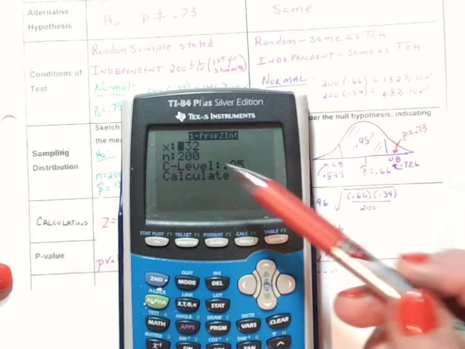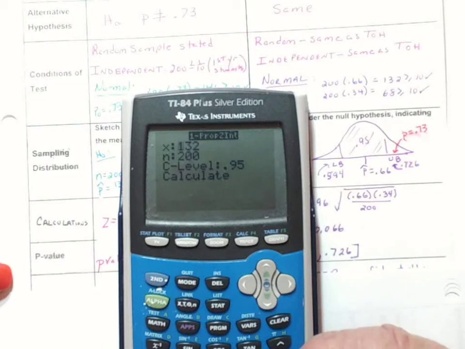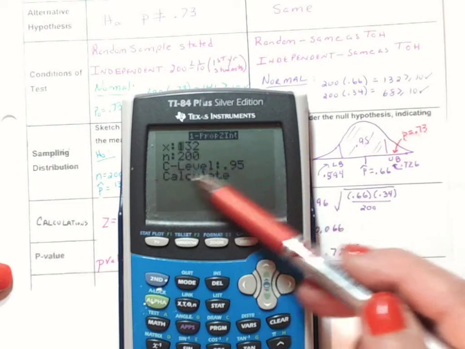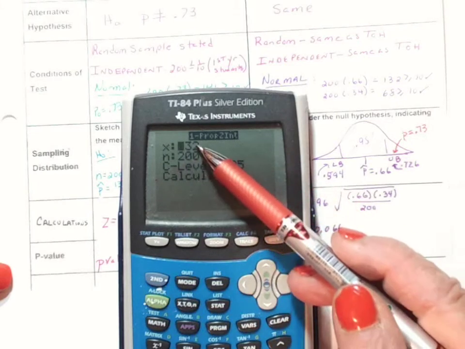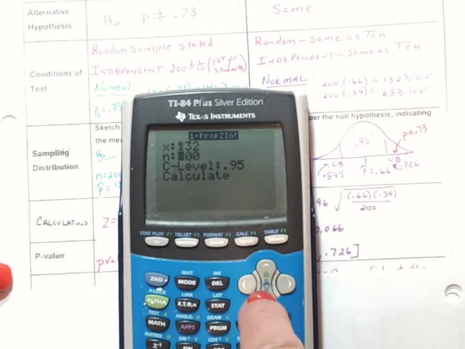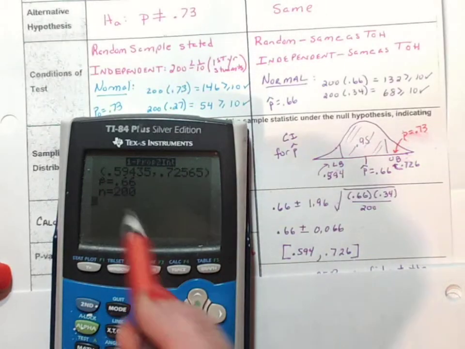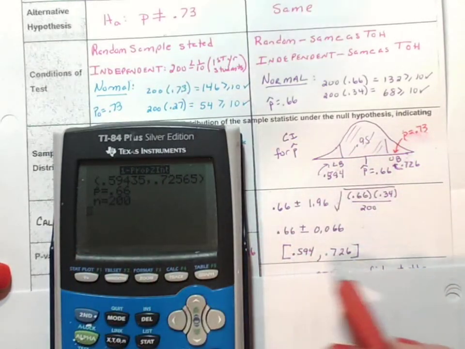So again, what's nice, because we did the test of hypothesis, when we go to do the confidence interval to compare it to, it populates it with the correct numbers for you. So all we have to do here is say calculate, and we get basically the same answer here as you did here.